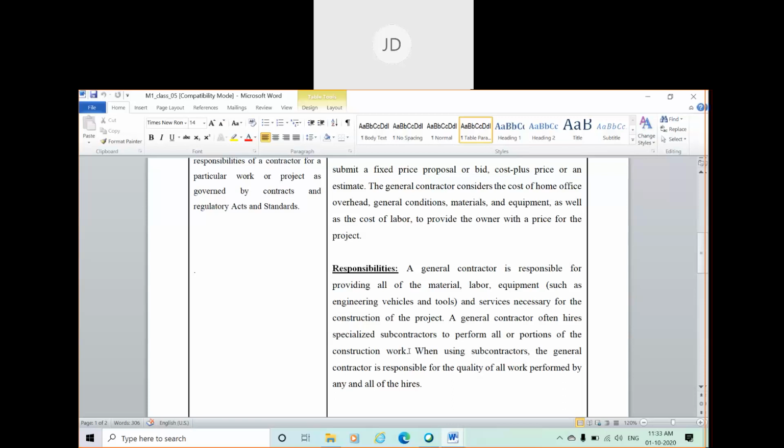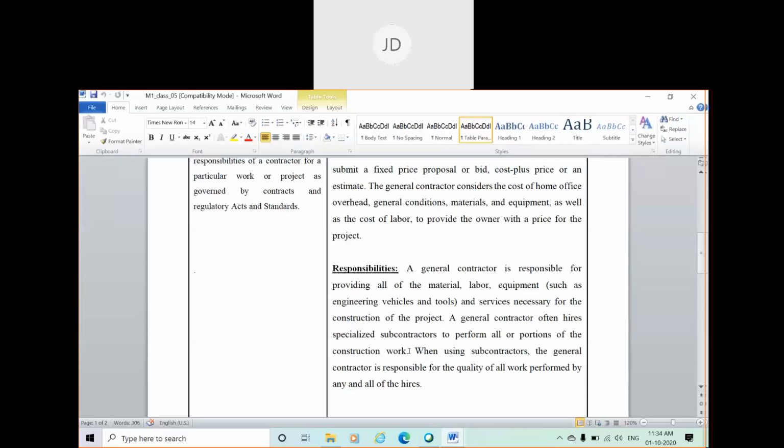If I don't have equipment support in my own company, I can approach a subcontractor for equipment, for labor, or for other materials like cement, sand, aggregate, whatever. But ultimately the responsibility to manage the subcontractor is upon the main contractor.